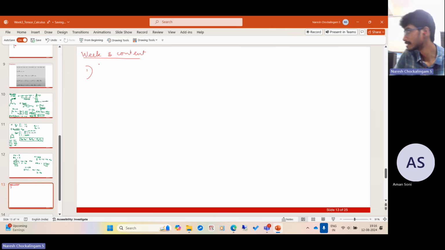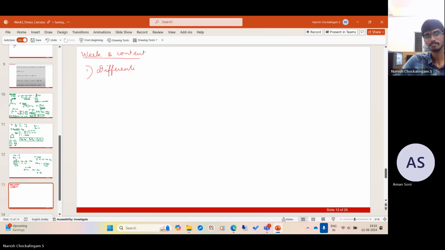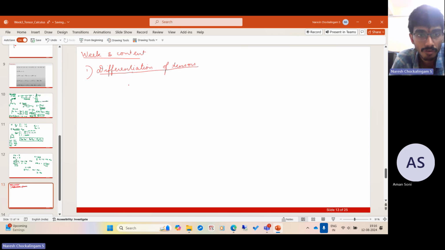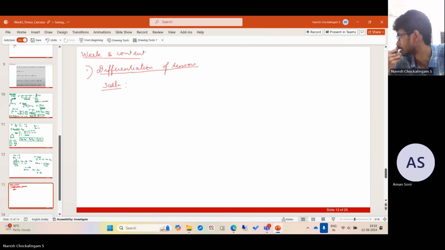Okay, so this is basically week 3's content. The first idea is differentiation of tensors. You know from basic calculus, for scalars, we know very well what differentiation means.